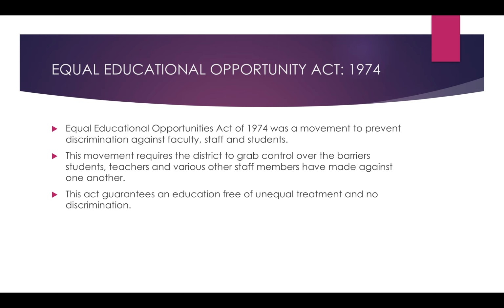Next, we have the Equal Educational Opportunity Act of 1974, which was a movement to prevent discrimination against faculty, staff, and students. This movement requires the district to take control over the barriers that students, teachers, and various other staff members might have upon one another.